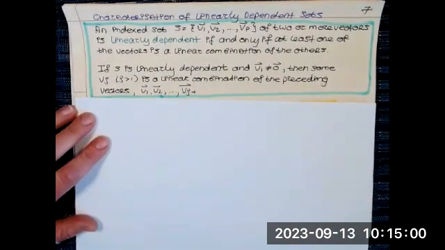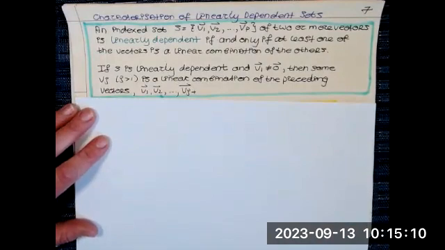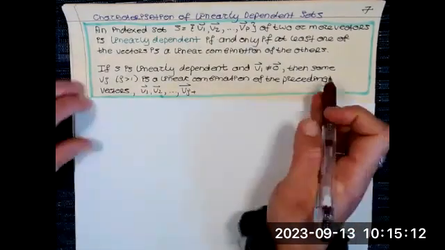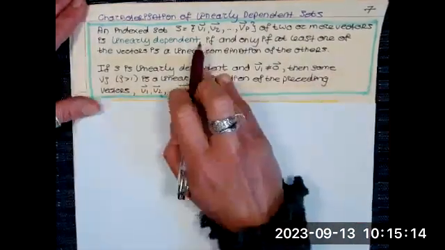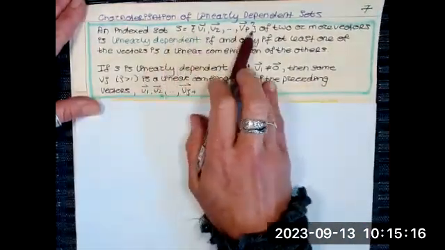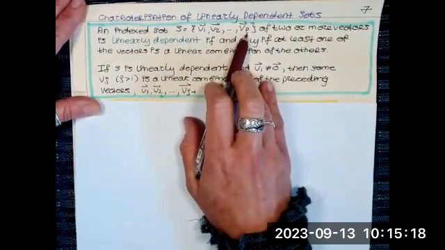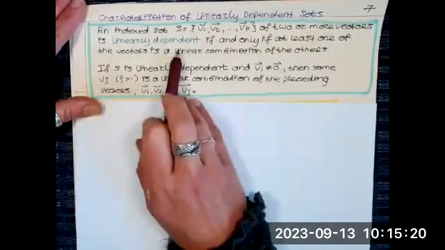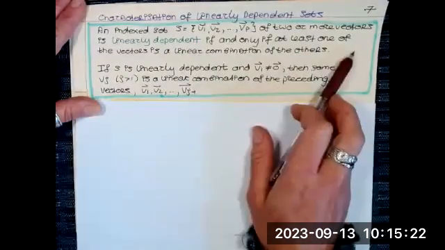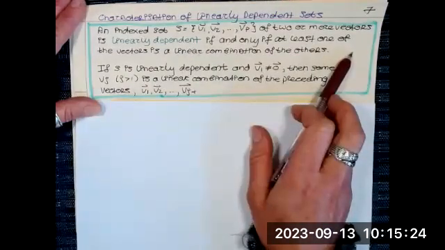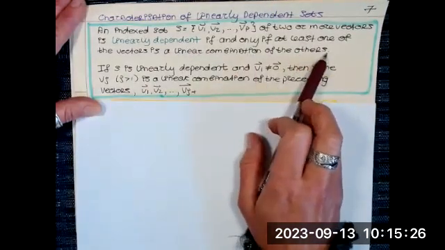So now let's go back and look at the general set of vectors and how we decide if that set is linearly dependent or independent, and more conceptually, what does it really mean? So we have a theorem: a set of more than 2 vectors is linearly dependent if and only if at least one of the vectors is a linear combination of the others.